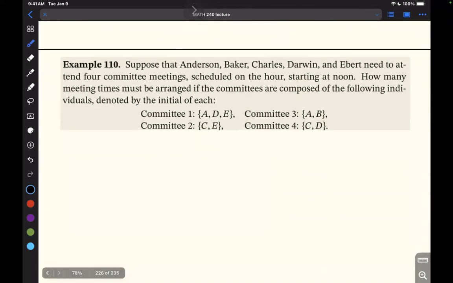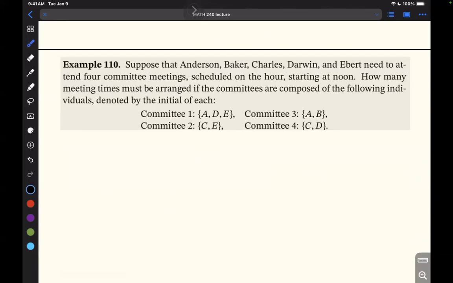All right, so we've got 5 people: Anderson, Baker, Charles, Darwin, and Ebert, and they need to attend 4 committee meetings, but not all of them have to be at the same meetings. And we're trying to schedule them for these 4 hours in the afternoon. So if we've got some meetings, maybe some of them can happen at the same time, others can't.